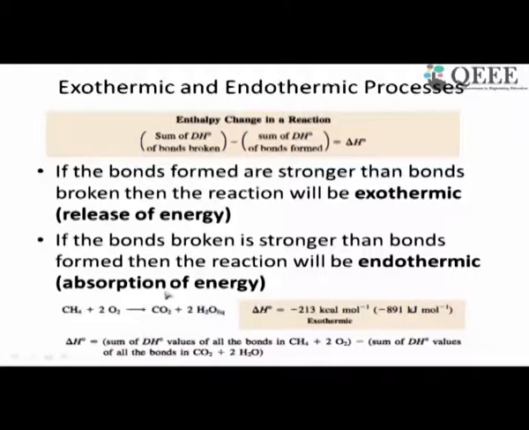Now let's consider this particular reaction where methane undergoes oxidation. You can also call this a combustion reaction, giving carbon dioxide and water. Suppose you take methane gas and mix it with oxygen gas, this reaction should go, because the delta H is minus 213 kilocalories. According to these bond energy differences, you can say that this reaction should go, because CH bonds are relatively weaker bonds, and the oxygen bonds are also weaker.